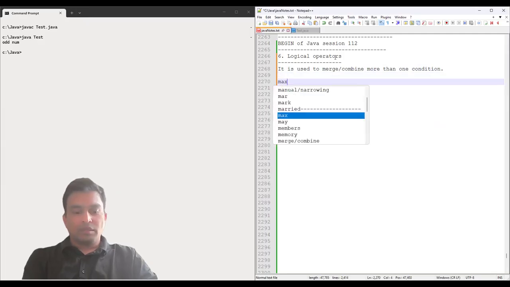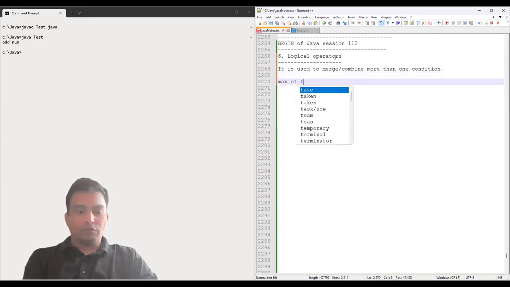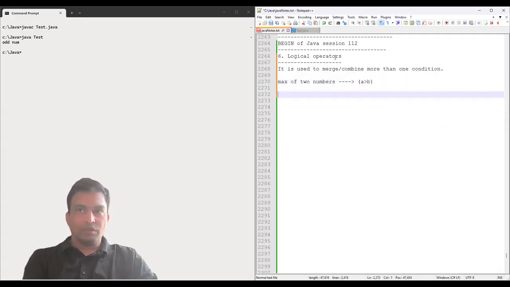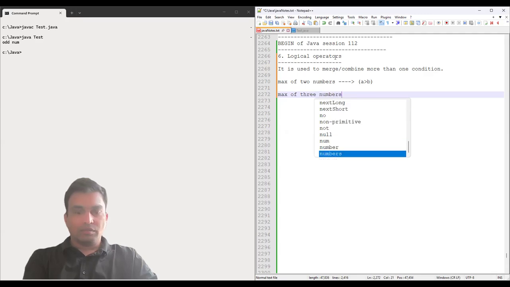So for example, if we want to find out max of two numbers, like say a greater than b, if this is true, then a is the maximum of the two numbers. And if it is false, b is the maximum of two numbers. For example, if we have maximum of three numbers, then we have to combine more conditions.